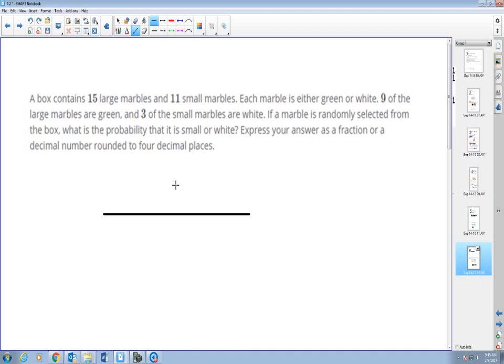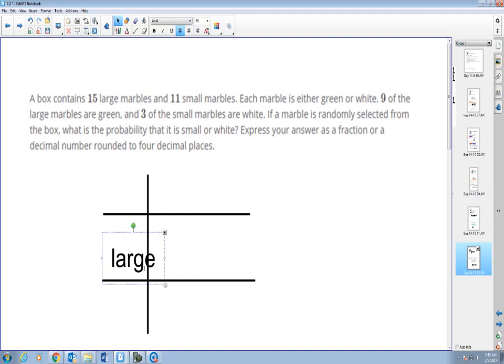So let's see what I got here. The box contains 15 large, 11 small. So I got large and small. Let's say this is large and this is small.